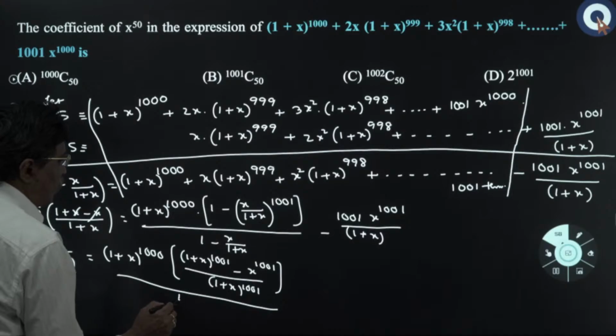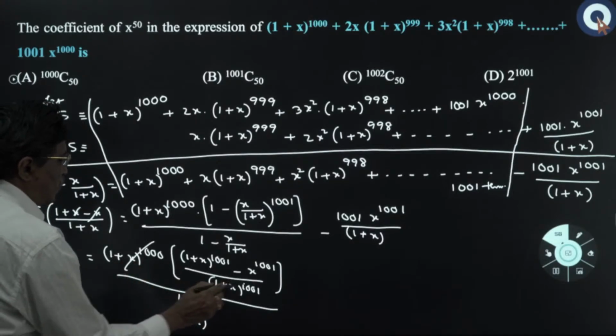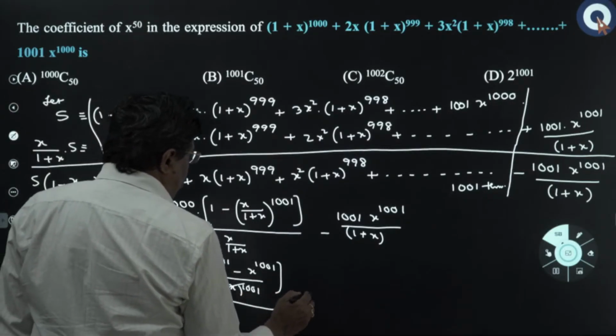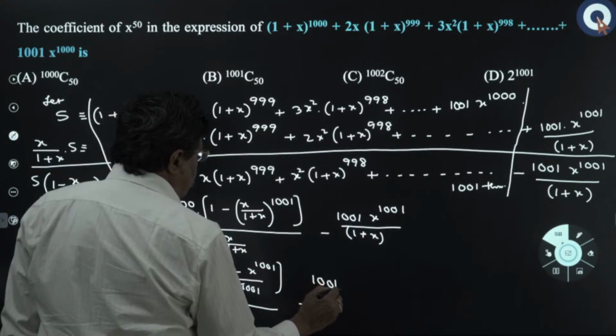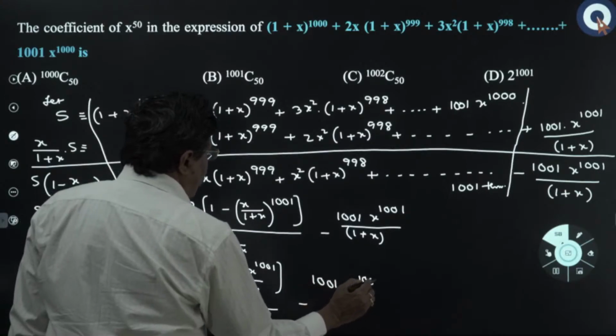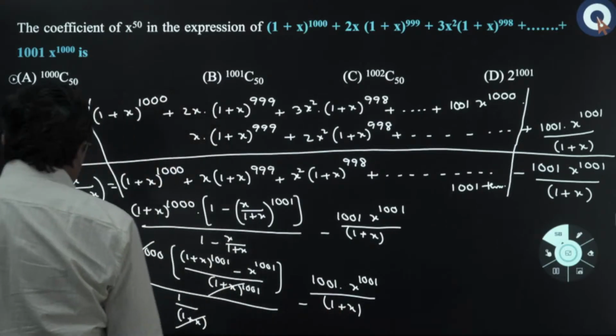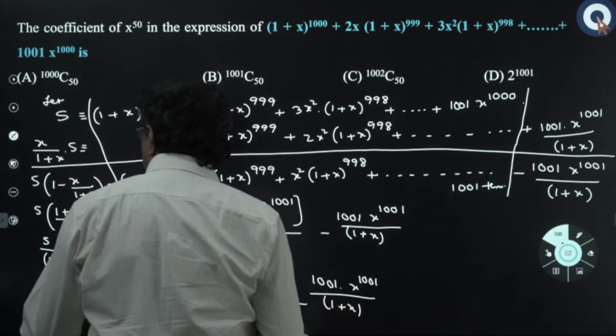So, 1 by 1 plus x. So, this will go minus 1001 x to the power of 1001, and here is the problem, the space issue.